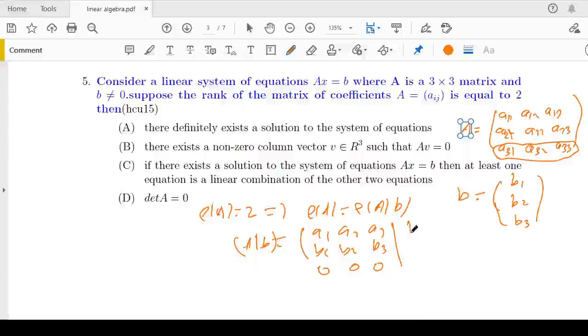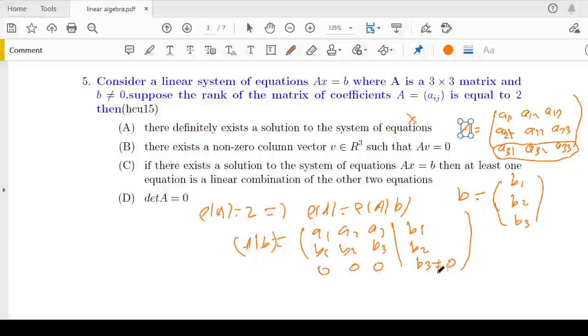If the solution exists, then B3 must be equal to 0. If B is not equal to 0, the solution does not exist. Therefore, the statement that there definitely exists a solution to the system of equations is wrong.